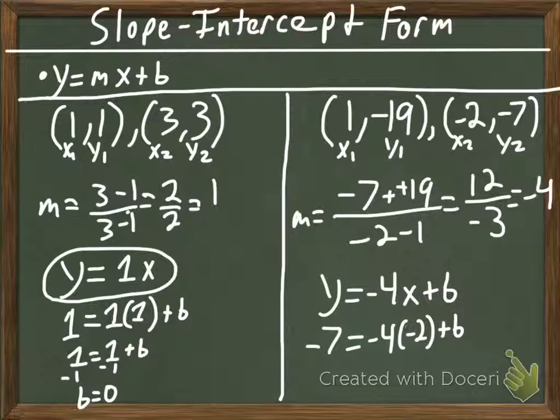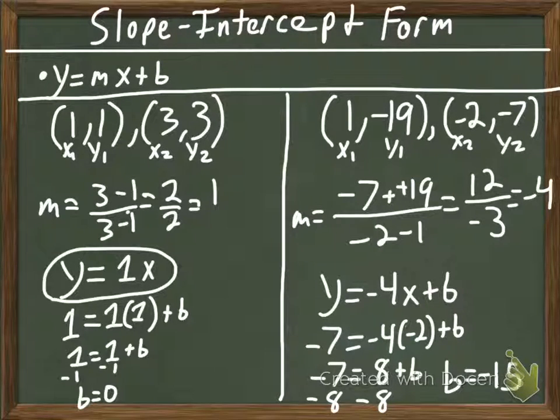I didn't really give myself a lot of room, did I? So negative 7 equals 8 plus b. Subtract 8, and we get that b equals negative 15.